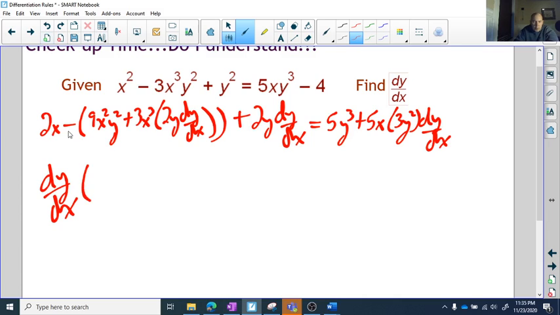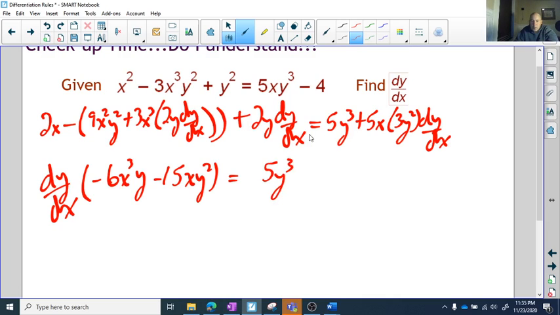So dy dx, we're going to have this negative come in here and make this negative 3 times 2, so it's going to be negative 6 x to the third y. This one's positive 15 xy squared, so it's coming this way, so it's going to be minus 15 x y squared. Now you might have said, I don't want those to have negatives in front of them and move these this way. It doesn't really matter. I'm going to just keep it like it is. So 5y cubed. Now this one's going to switch sides.